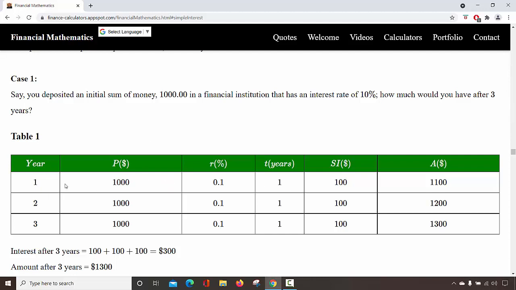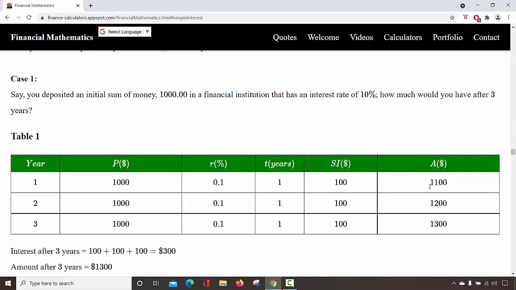This is a table that illustrates that at the beginning of each year, your principal is $1,000. You multiply it by 10%, the interest rate. You convert to decimal: 10% is 0.1. Then times 1 year. And the simple interest will be $100 at the end of each year.